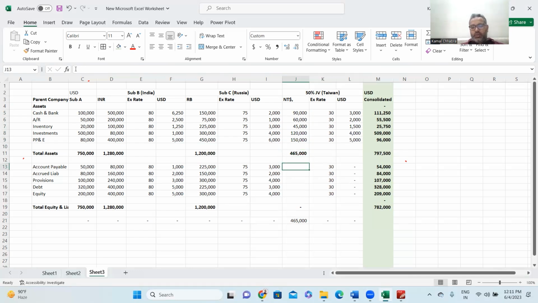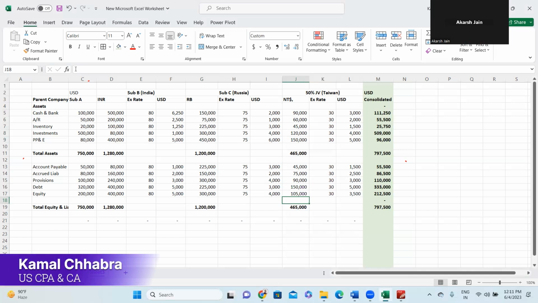Let's assume this is 55,000. And 90. Make sense? Hello? Are you guys with me? Yes, sir. So this is how a consolidated file looks like.